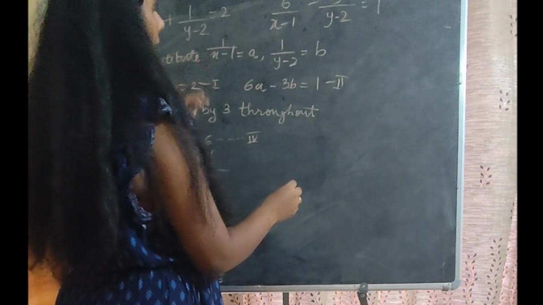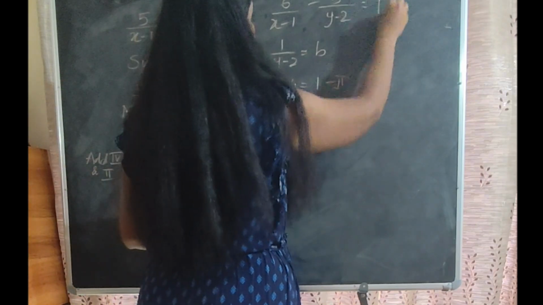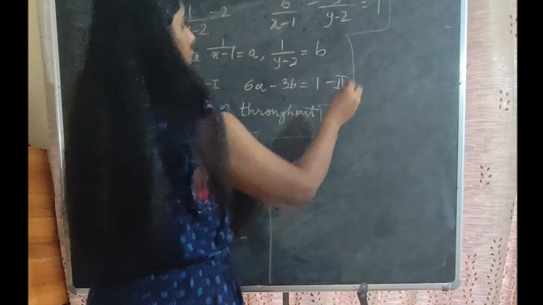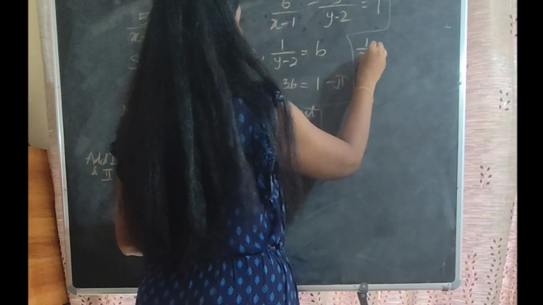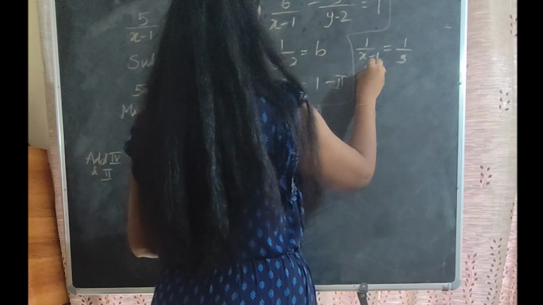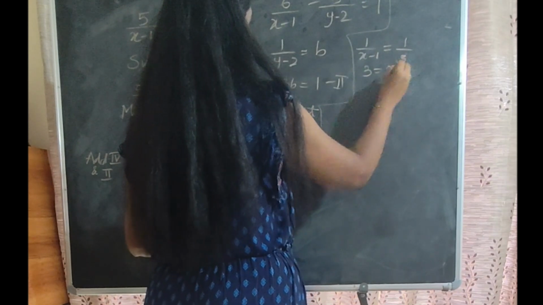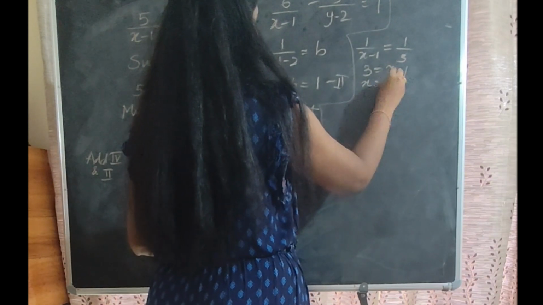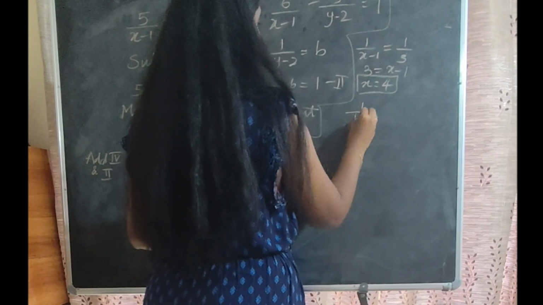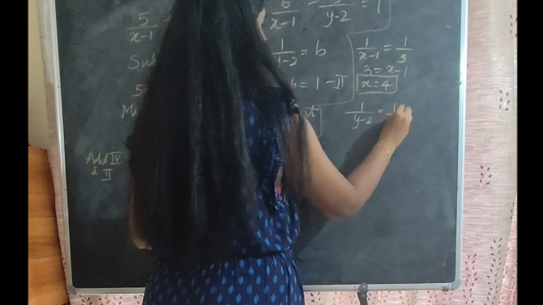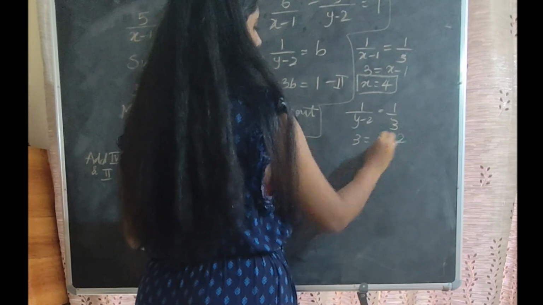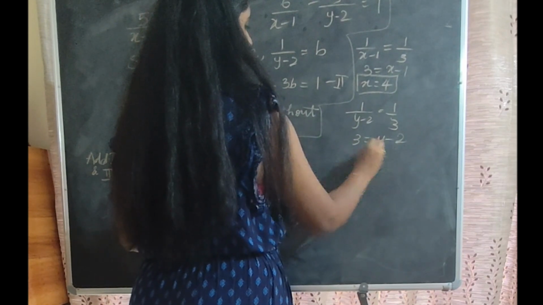Now you substitute back here. 1 upon x minus 1 is equal to 1 by 3. So 3 is x minus 1. So x is 4. Next, 1 upon y minus 2 is 1 by 3. 3 is y minus 2. So y is 5.